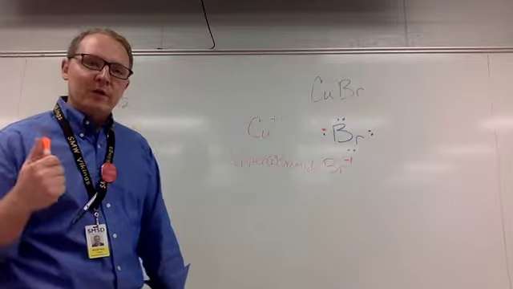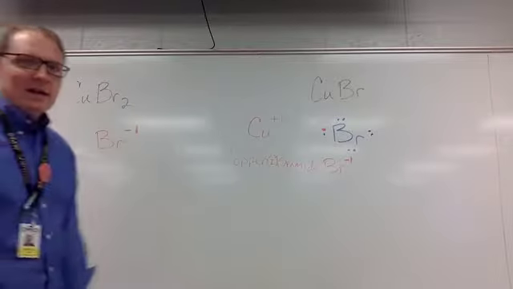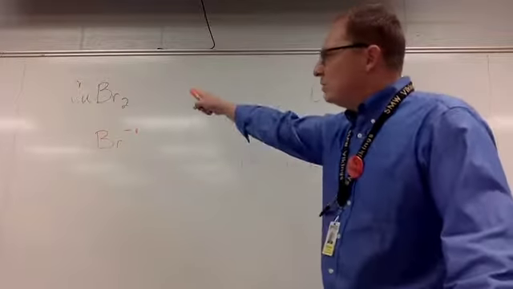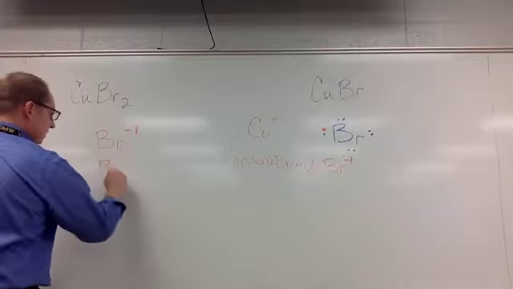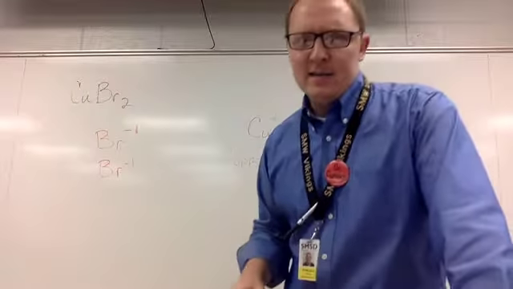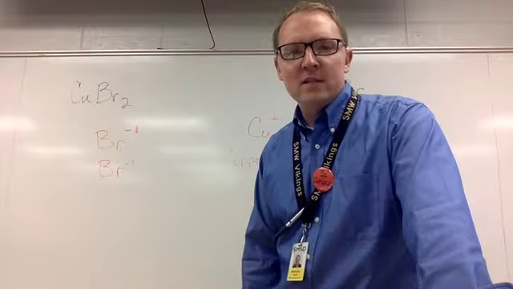Now take a look at our other example. Over here, the bromide anion is still -1 charged, but we had 2 of them. Why in the world would we need another -1 bromide anion unless copper had more than 1 valence electron to get rid of?